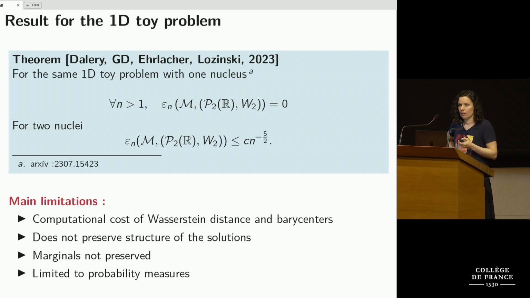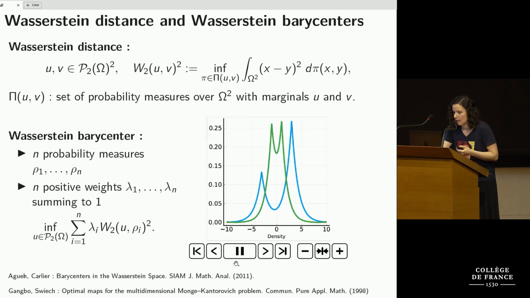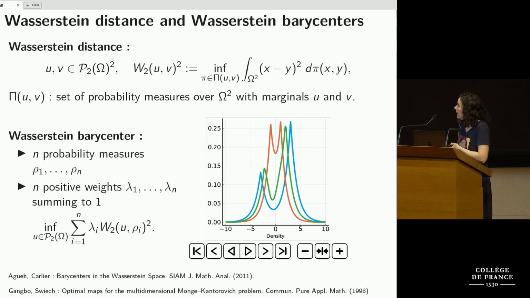Okay, but now there are a few limitations. In general, computing Wasserstein barycenters is very expensive, and so this is a computational bottleneck. Also, one problem is that due to the use of specific algorithms with some kind of regularization to compute the barycenters, they in general do not preserve the structure of the solution. If I go back to this example, the solutions that we have are actually a mixture of Slater functions, so really sharp functions.